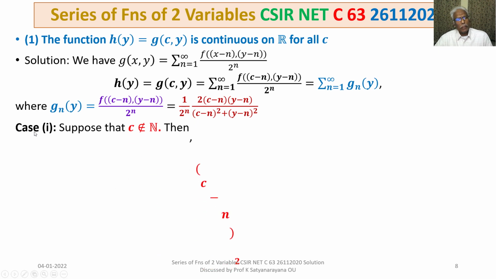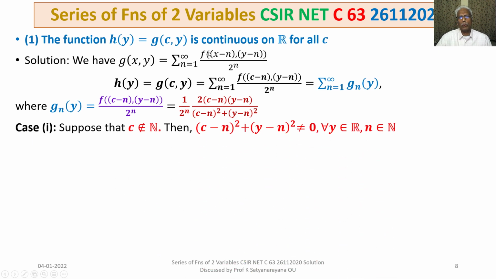Now we deal with two cases, and we want to show that it is continuous on R for all c. We consider two cases: when c does not belong to N, that is when c is a real number but not a natural number, and the other case is when c is a natural number. So let us take case 1.